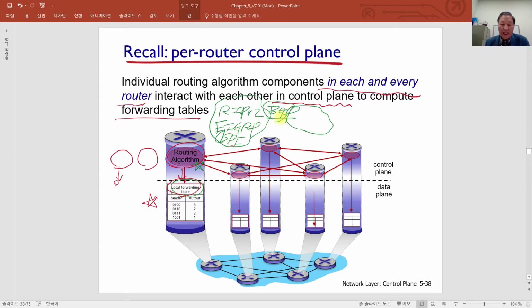Those protocols are mainly to get the updated forwarding table information and update that entry. That is the role of the control plane. And the data plane simply uses that given forwarding table to forward the arrived datagram as soon as possible to the appropriate route for the final destination.